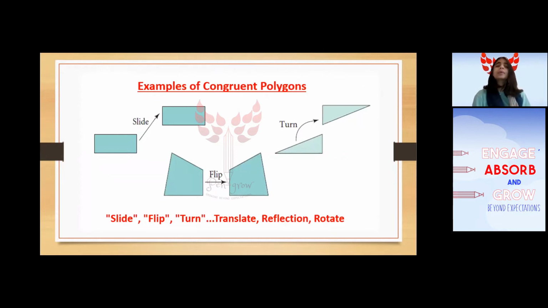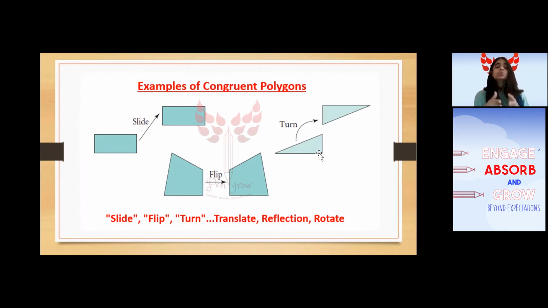Examples of congruent polygons. Sometimes when you look at two shapes, for example in this diagram, they might not appear to be the same. But the definition of congruent says that they should be exactly the same. Now, there are three things. One of them is translation, or sliding.